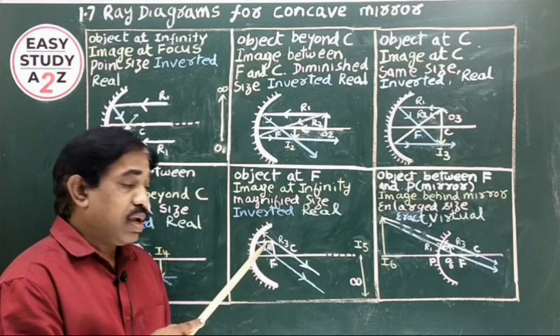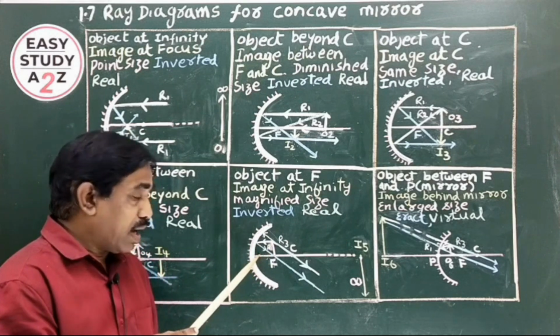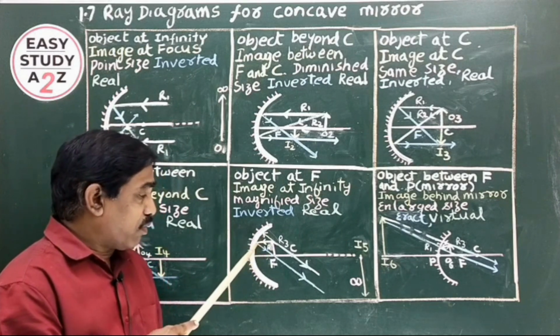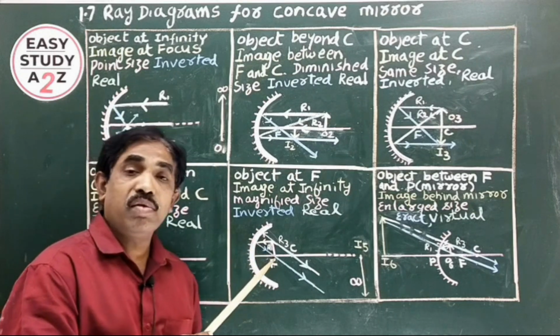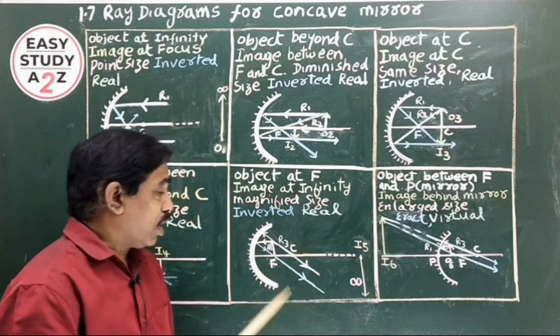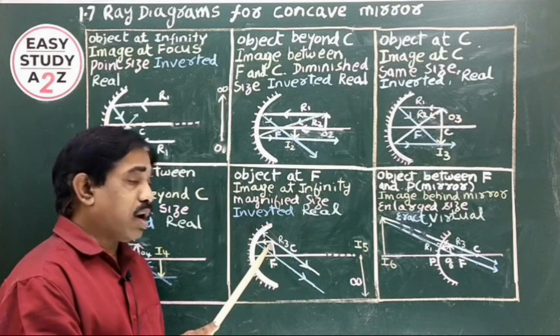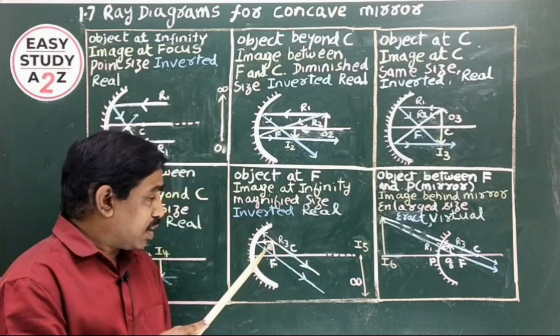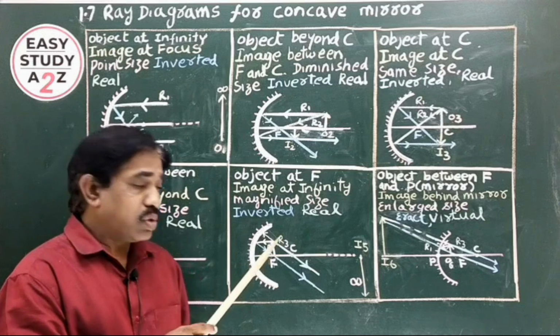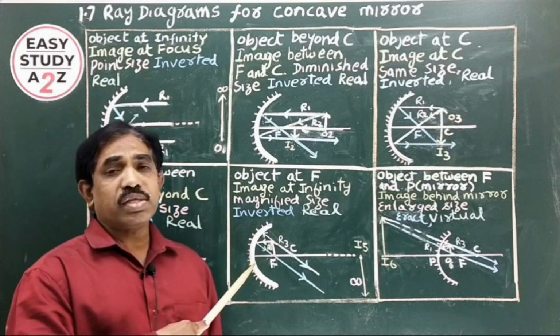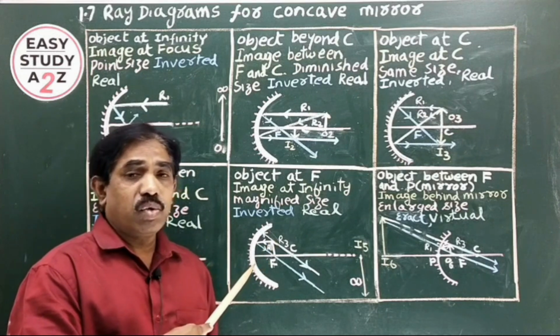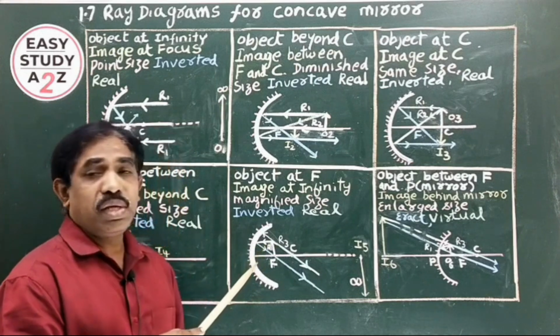R1 is the ray traveling parallel to the principal axis, and after reflection passes through the focus. Now there is no scope for R2 because the object is already at the focus, so the light ray cannot pass through the focus again. So the R2 ray is not possible here.